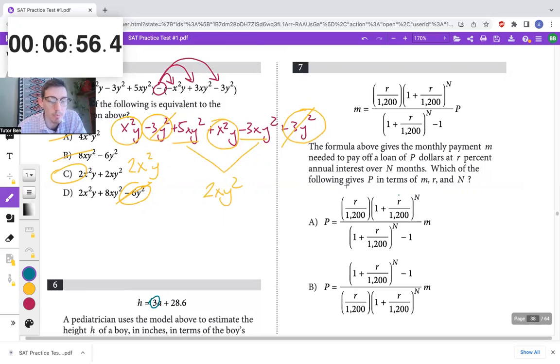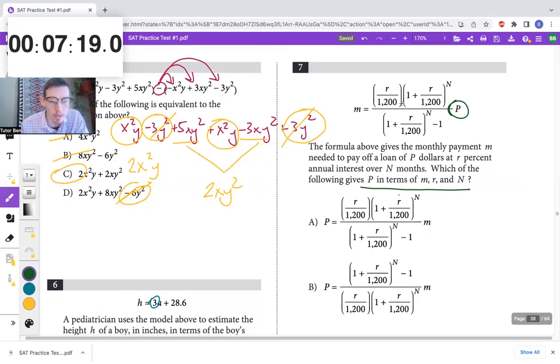Which of the following gives P in terms of M, R, and N? All right. So pretty quickly, I realize just in reading this last sentence, which of the following gives P in terms of these other variables? So what this equation means doesn't matter to me. I just need to solve for this variable.